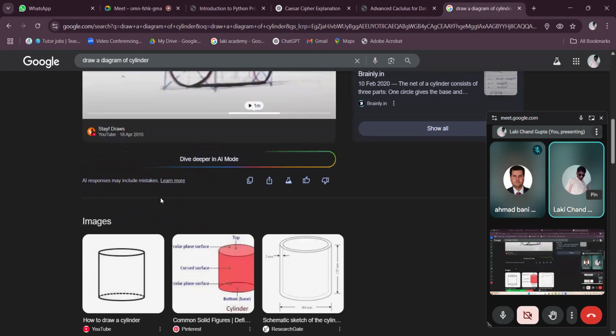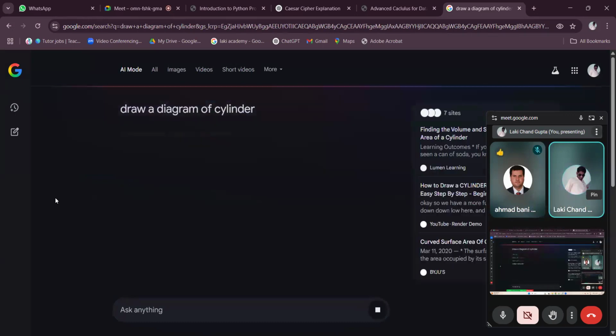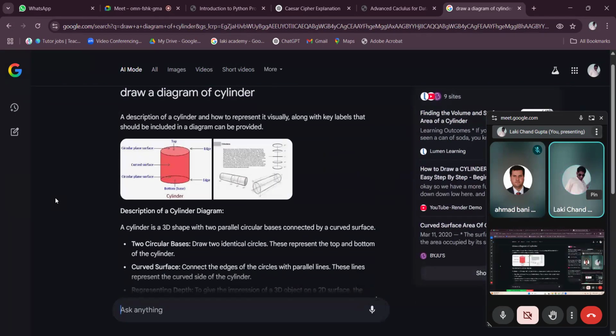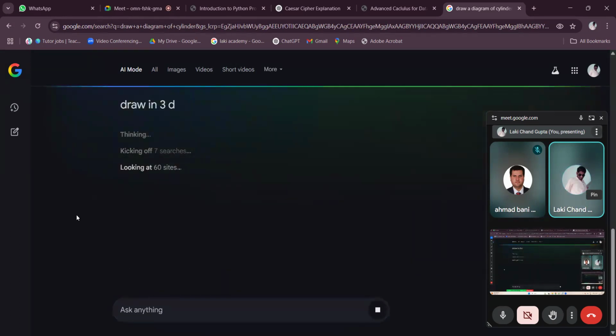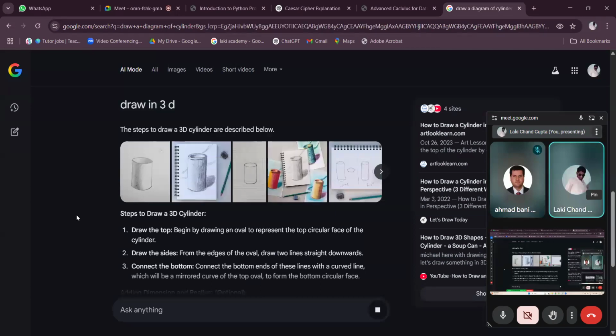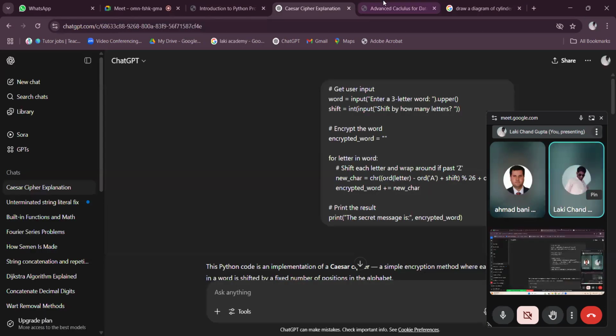You can see here, the base is a circle, and when you stretch it to a height of 3 units or 1 unit or anything, you will get what? A cylinder. Understood?